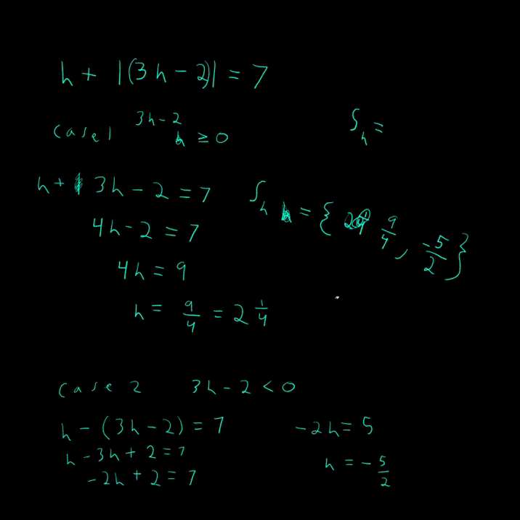So let's plug through and check really quick. Let's try 9/4. 9/4 plus the absolute value of 3 times 9/4 minus 2 equals 7.